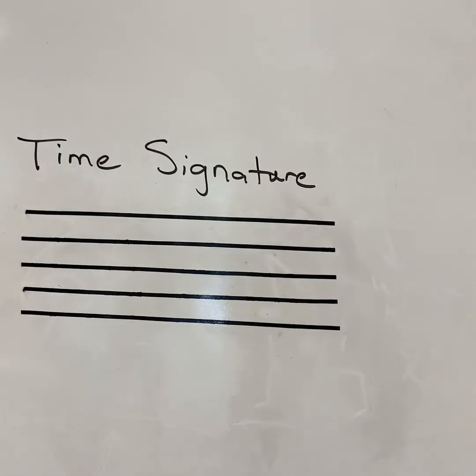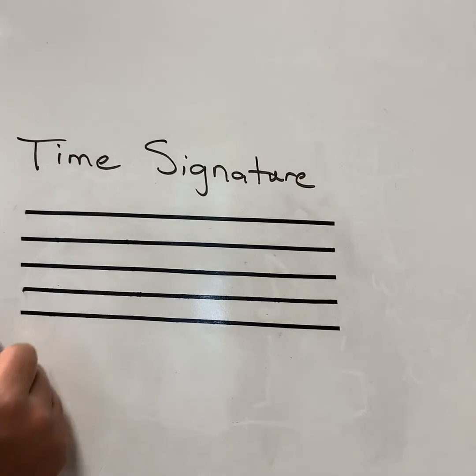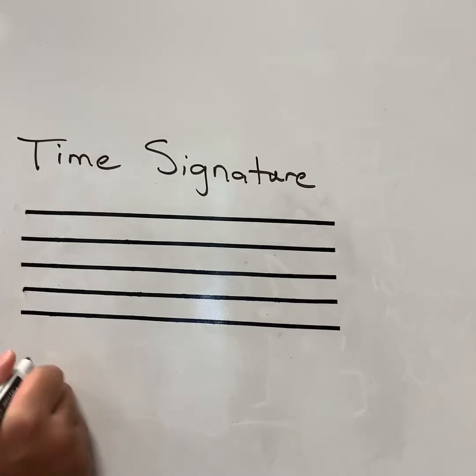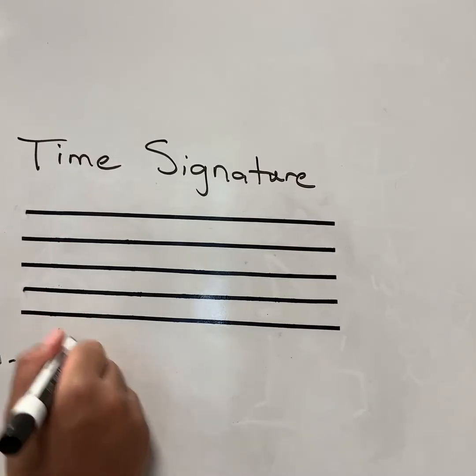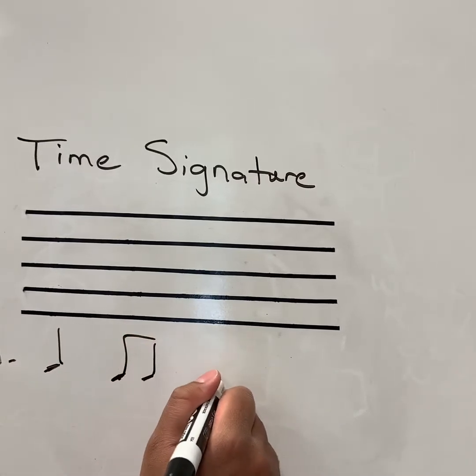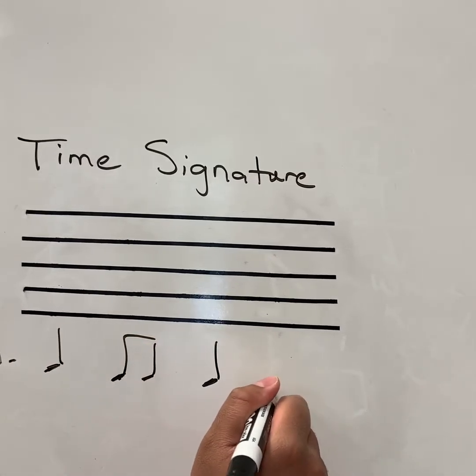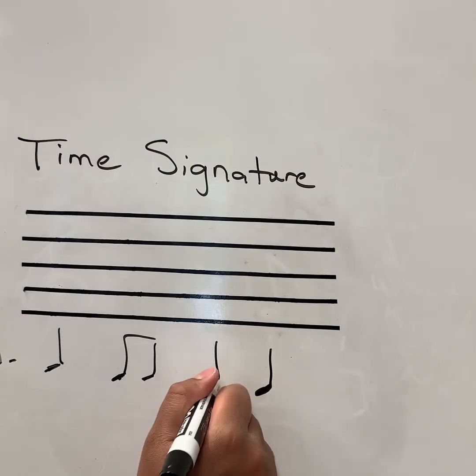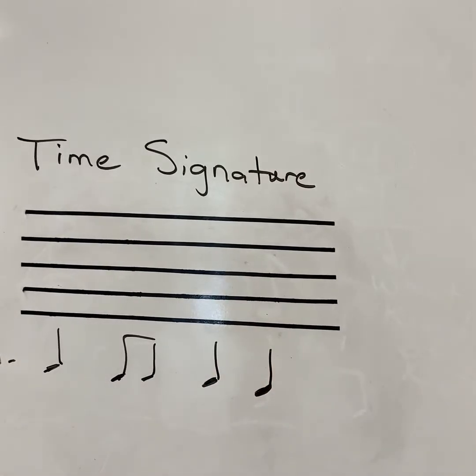Okay. Now, if you remember from the last videos, I had something like this. I had a number one, then I drew a rhythm. Okay. Now, number one, let's give that another name. Let's call it measure one.